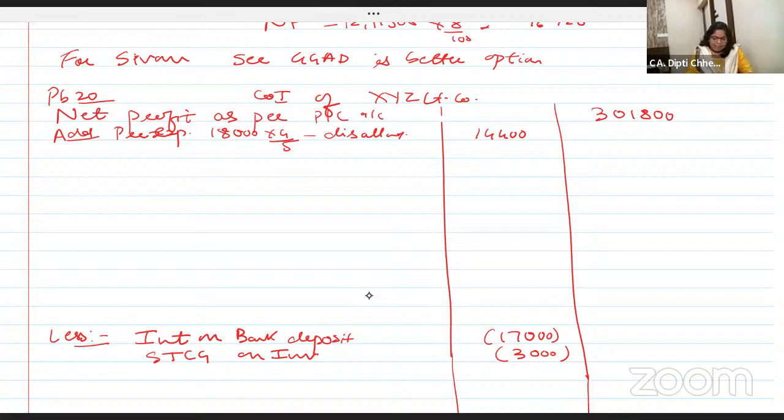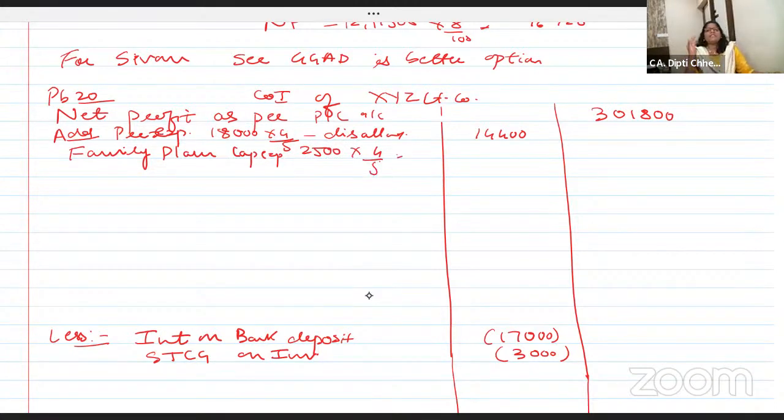Next, family planning. Family planning expenses 3,000. Capital expenditure कितना है? 2,500. उसका भी 4/5.